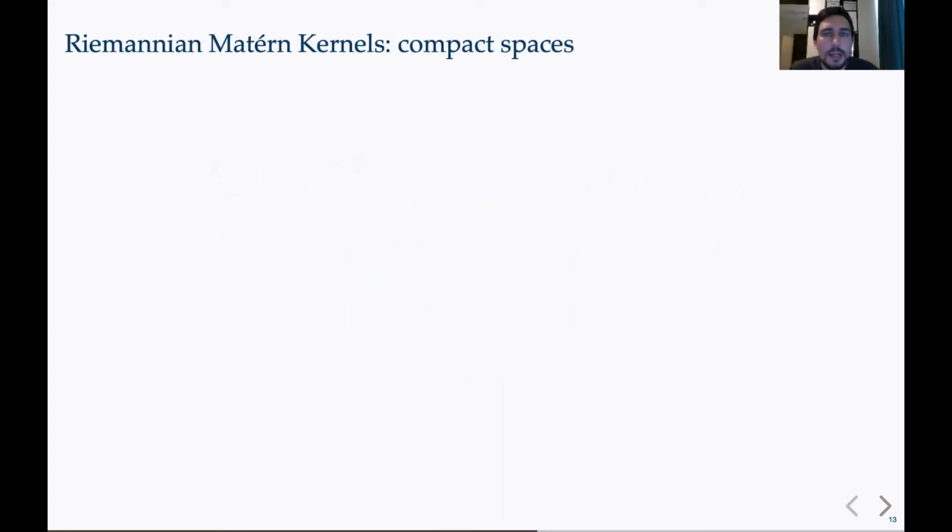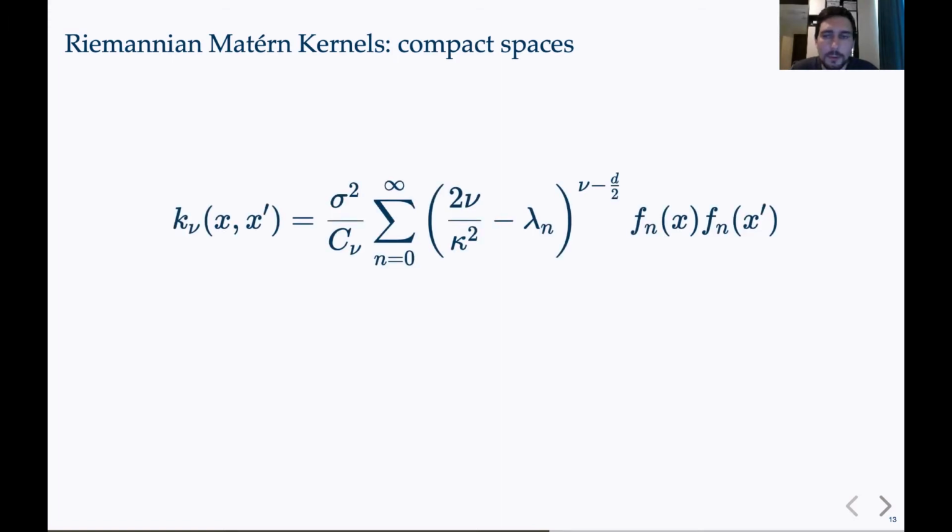But in the special case of compact spaces, it turns out that we can solve these equations analytically to get this formula. It expresses the kernel of interest in terms of a series which depends on lambda n and f n, which are the eigenpairs of the Laplace-Beltrami operator.